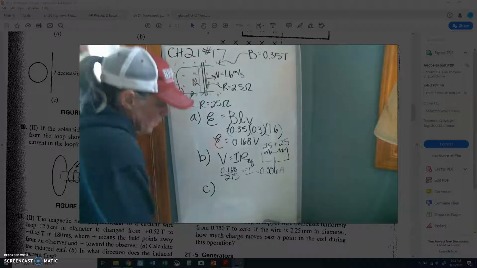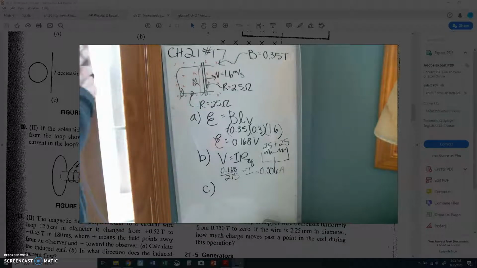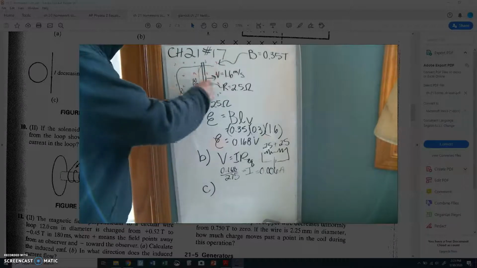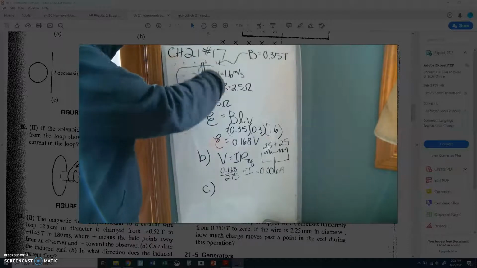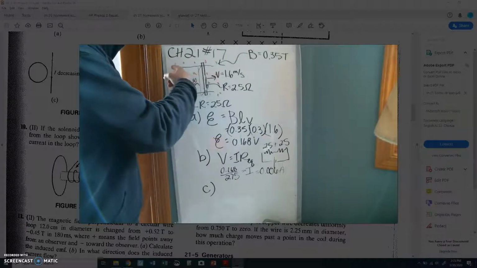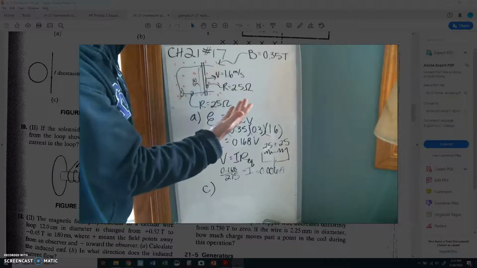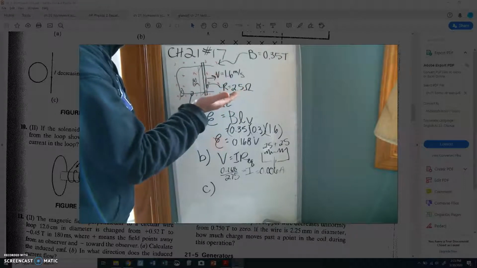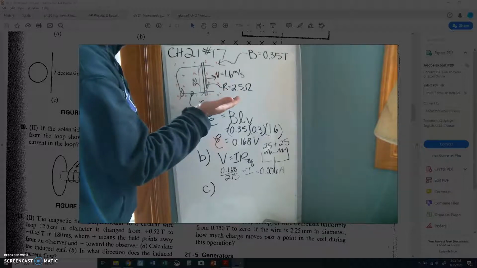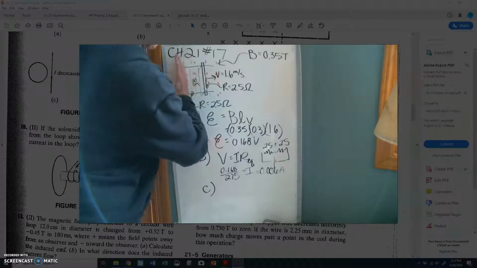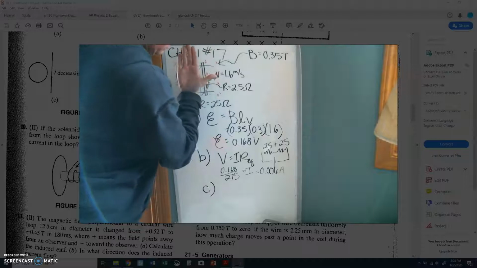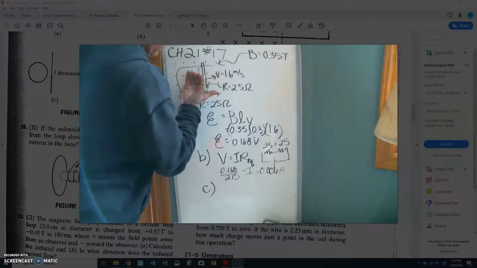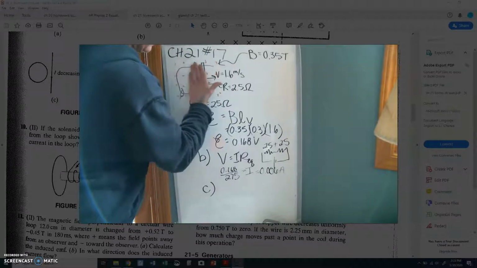Okay. My last one is a chapter 21 deal, and it is the right-hand rule action, because the question is, which way is the current going? So Lenz's law. My field, which is coming out of the page, is getting larger.